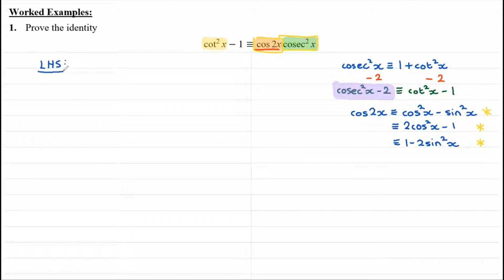So cot squared. Now, remember, I'm going to use the fact that this is a reciprocal trig identity. I'm going to take that for granted. So if you remember, if you use that third letter rule, which I'm just going to highlight again, it's a t, isn't it? That means this is 1 over tan squared, or more usefully in this instance, it's going to be cos squared over sine squared. So I'm going to write that first.